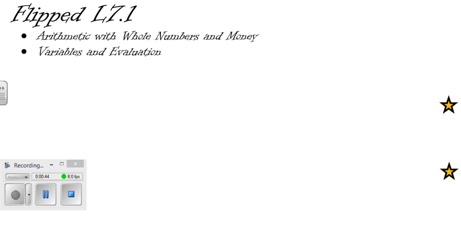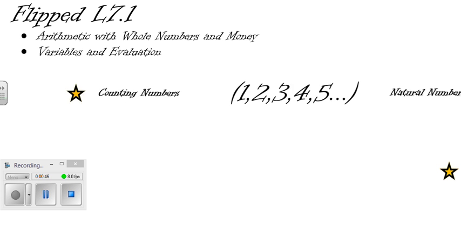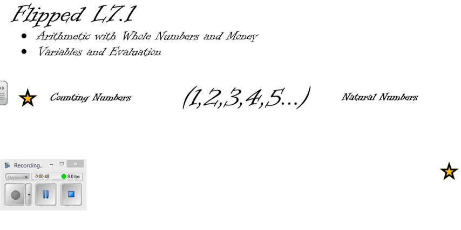So let's get started. As we look at numbers, first of all, we can talk about different kinds of numbers. We can talk about counting numbers, such as the numbers 1, 2, 3, 4, 5. Sometimes these are also known as natural numbers. And this progression of numbers goes on and works in that way as we continue to count.